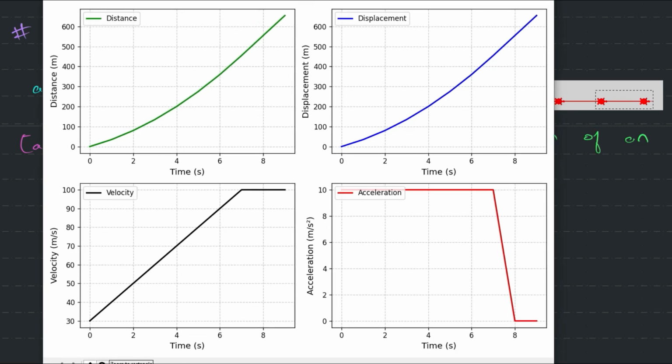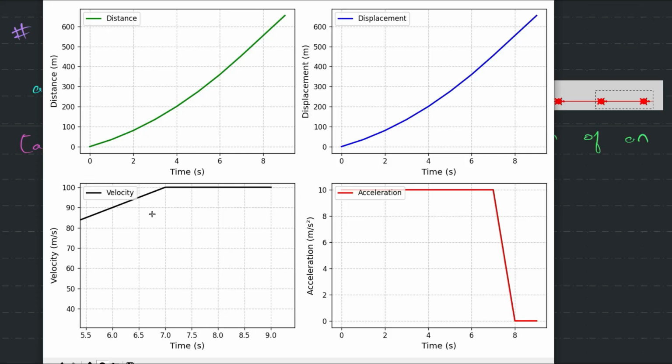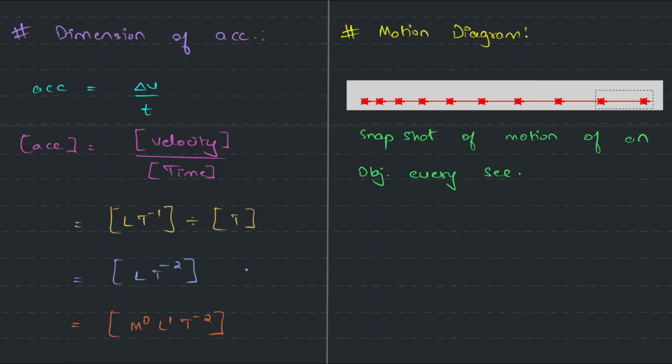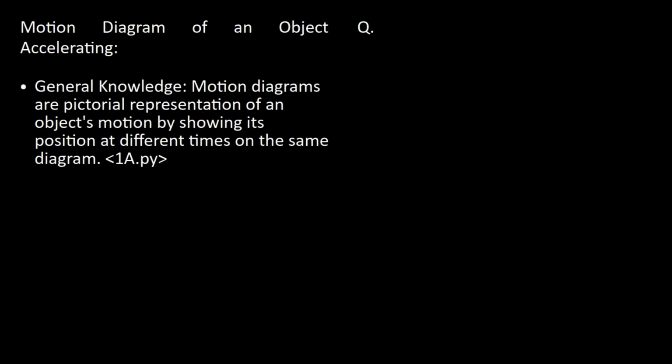Till the 7th second, the velocity was increasing, then it became constant. And here you can see the same corresponding time frame. Till the 7th second, there was acceleration and then it dropped.